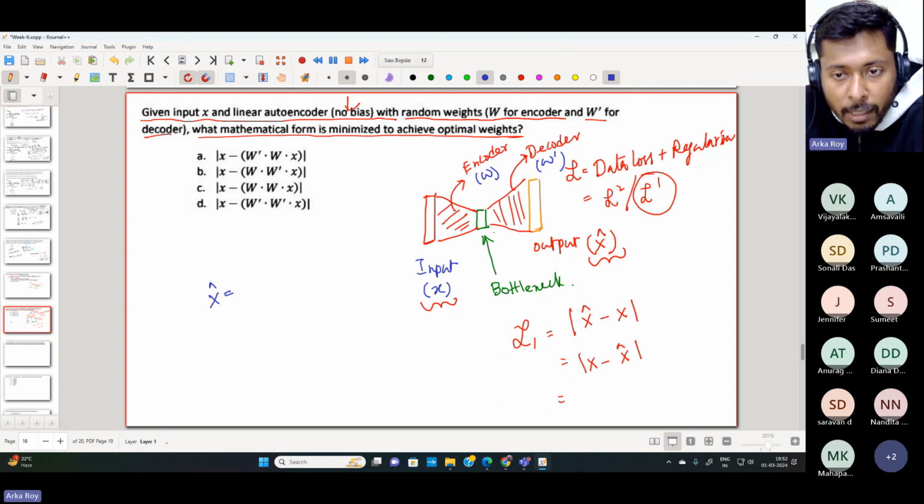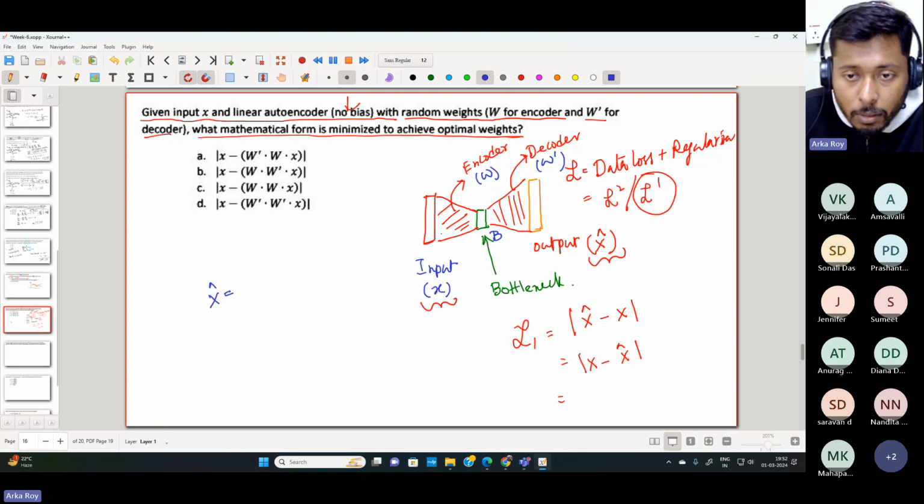Let us consider the bottleneck is represented as B. So let us consider the X hat is coming from B. So you have B, you have weights over here, and then you do the matrix multiplication between B and W dash, then you will get X dash. So that means it is W dash multiplied with B.